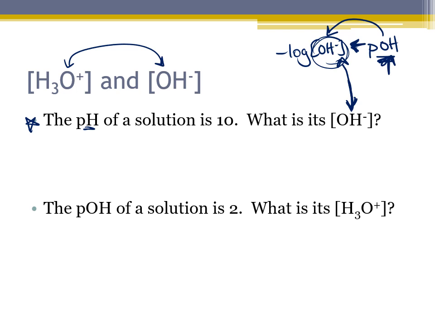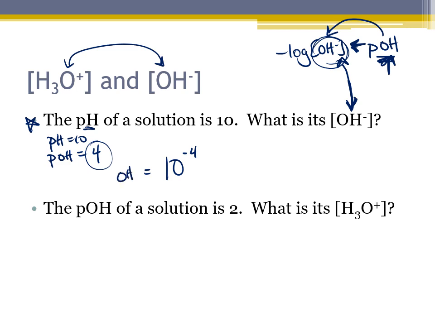So my first step here, I need to find my pOH. If the pH is 10, remember that pH plus pOH equals 14, so the pOH is going to be a 4. pOH is 4, pH is 10. This is my negative exponent on a 10 when I'm looking at the hydroxide concentration. So if the pOH is 4, that means that 4, when it's negative, is my exponent on a 10.